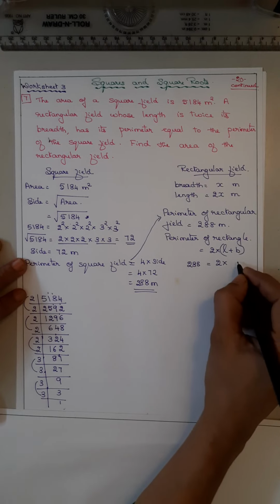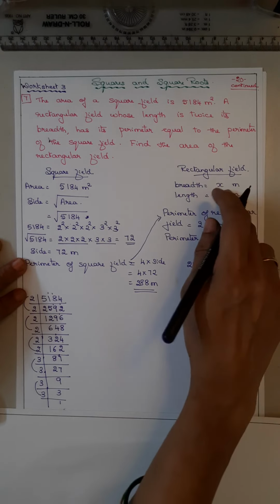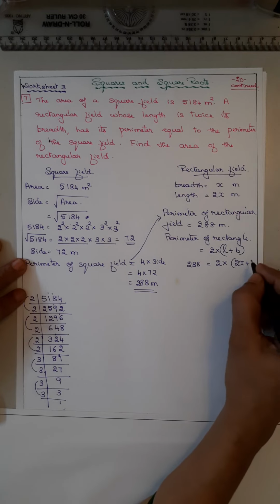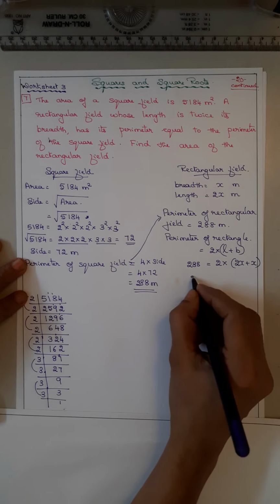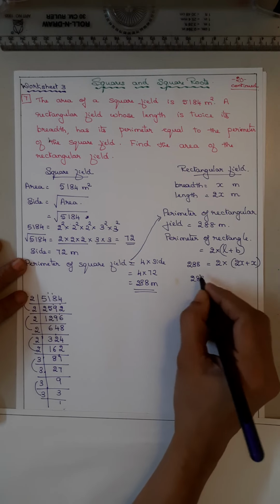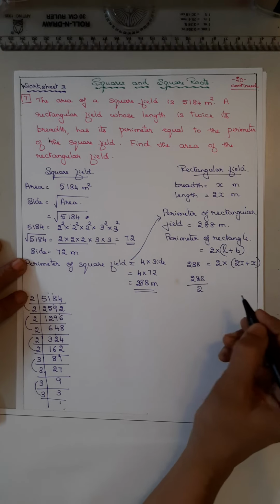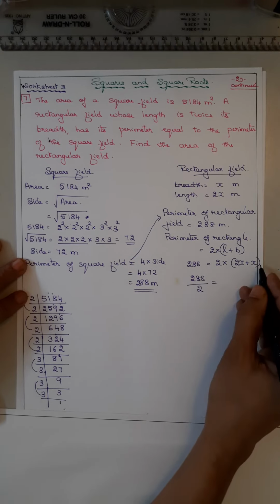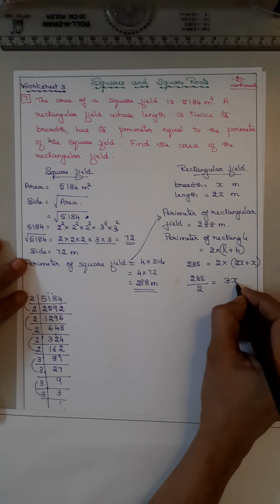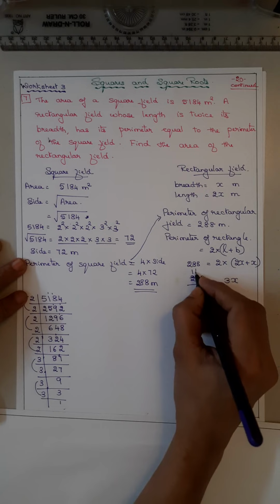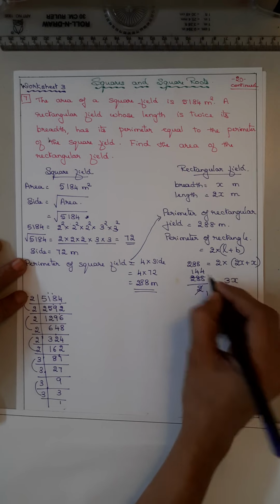2 into length, which is 2x, plus breadth, which is x. So 288, when it comes to the left side it will be divided by 2, and 2x plus x is 3x. 2 1s are 2, 2 2s are 4, 2 4s are 8, 2 4s are 8.